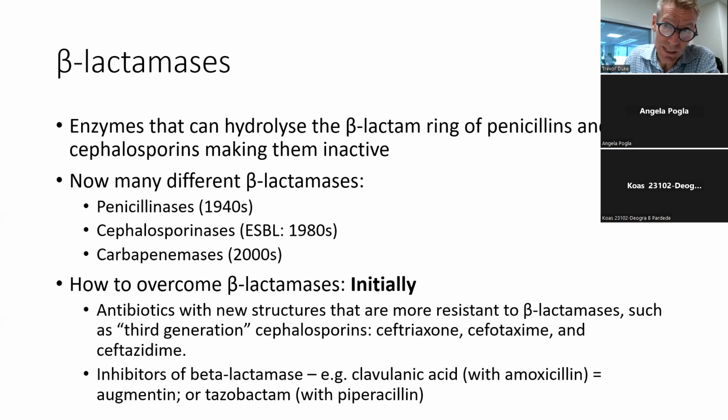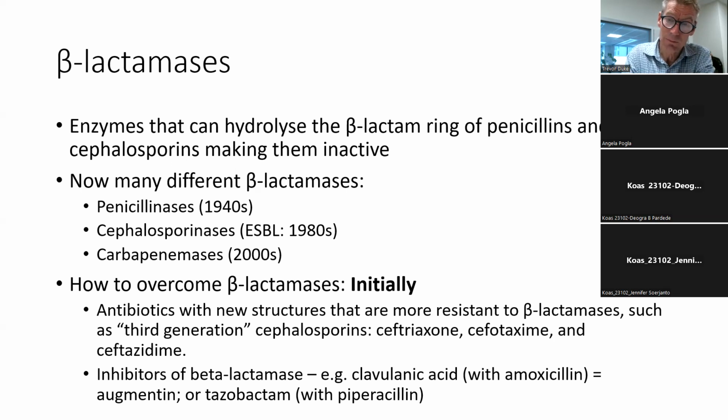And so then after that came a variety of different enzymes that are similar to penicillinases. They're beta-lactamases. So one called a cephalosporinase, which we recognize these days, a very important enzyme, extended spectrum beta-lactamase. That's a cephalosporinase because it breaks down cephalosporins.